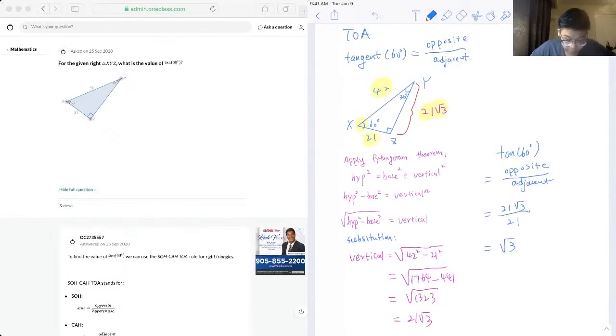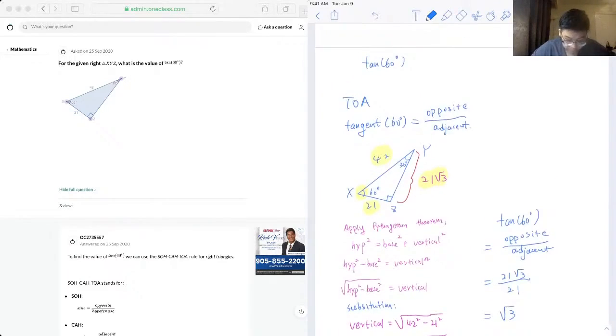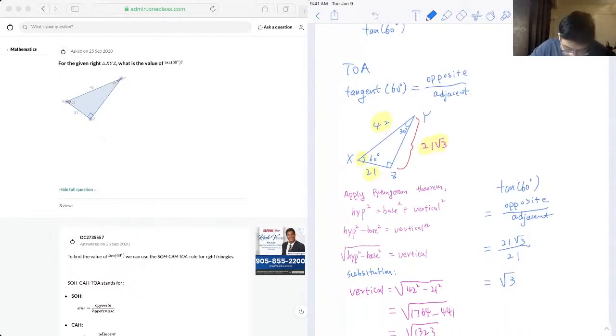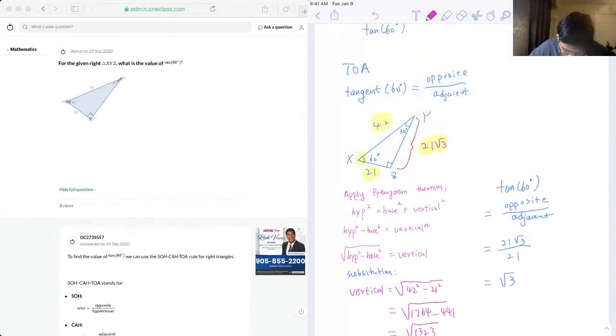Also, remember when we just introduced the basic model, we can always use that to check. The triangle in this question is 42, 21, and 21 root 3, and our original basic model is 2, 1, root 3.